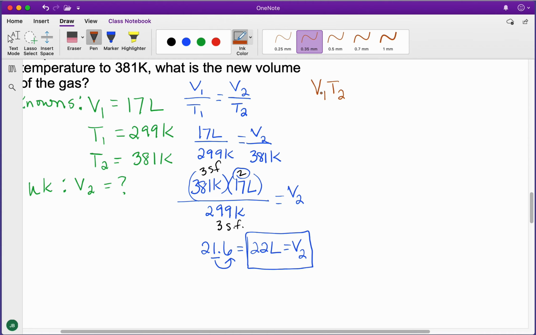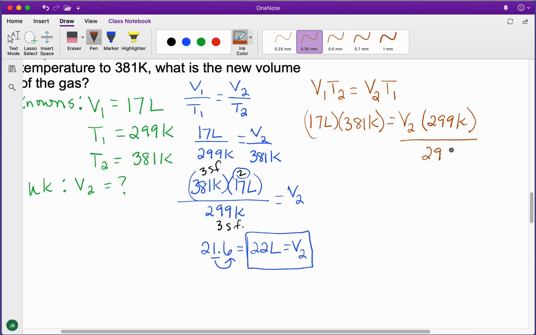So we have the initial volume times the final temperature, and that equals the final volume, volume 2, times the initial temperature, temperature 1. So that's going to look like this: 17 liters times 381 kelvins equals volume 2 times 299 kelvins.